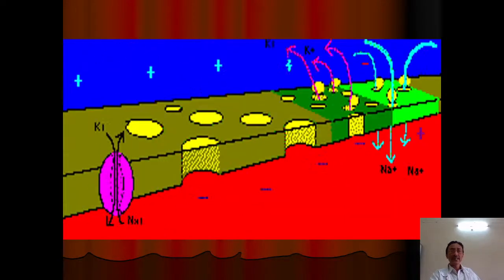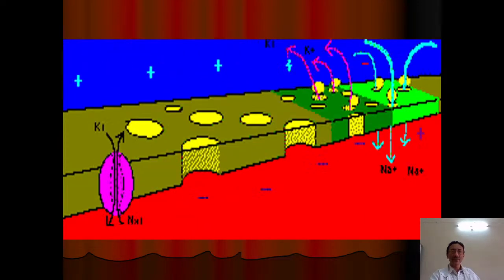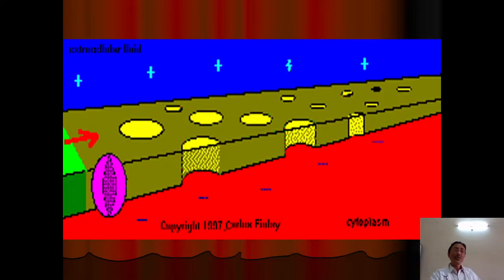Now here this is the resting stage. Here you will find that there is an active movement taking place, where sodium ions are coming from outside to inside, and potassium ions are going from inside to outside. So in such a condition, a small amount of sodium ions are diffusing from outside to inside because of the leaky channels, and potassium can also move from inside to outside.